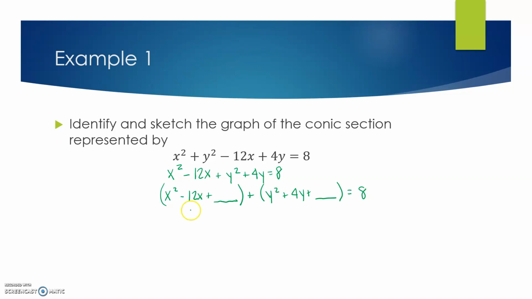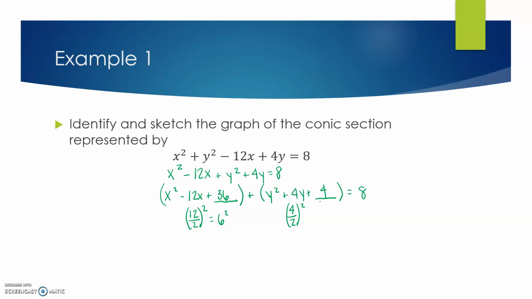And so completing the square here, I'm going to get 12 over 2 squared. That would give me 6 squared, which is 36. And then y squared plus 4y, so I'm going to take 4 divided by 2, quantity squared, and that gives me 4.